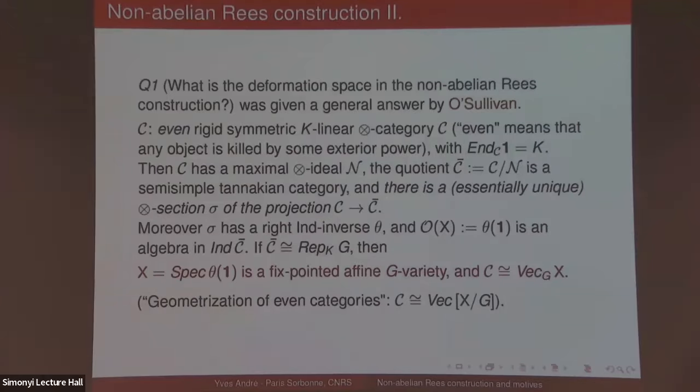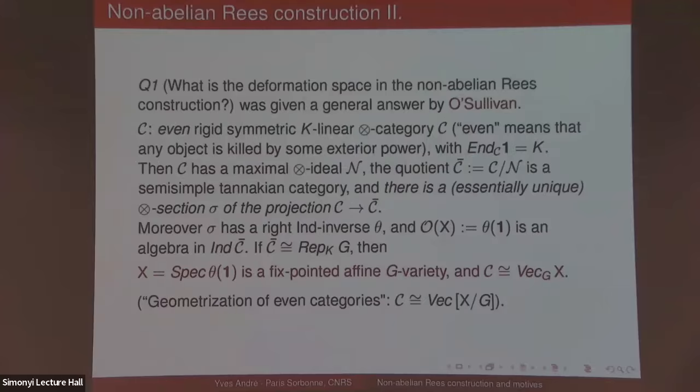I won't present a proof or sketch of proof, but I'm happy to answer some questions later about this. This is very important in this talk. So if C is even, the projection of C to C modulo the maximal tensor ideal has a tensor section, which I denote by sigma.